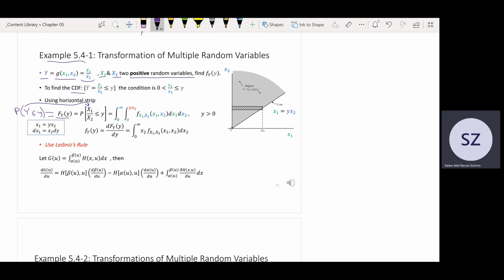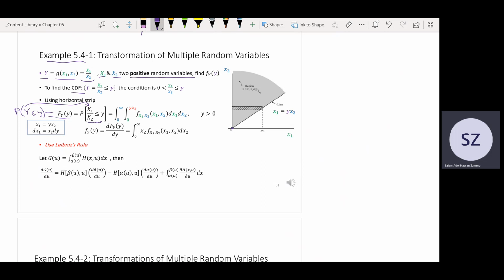Simply, you need to find the region in the two-dimensional plane where this is satisfied and integrate the joint PDF on that region. Did you get this? Yes, which is the volume integral, the area integral. We won't go into the details, but at least you need to know what it is.